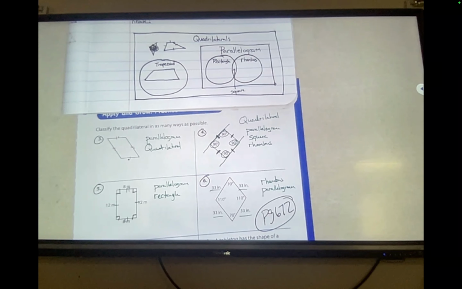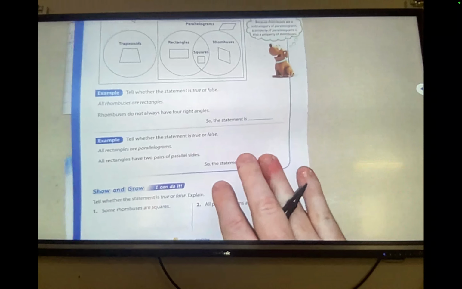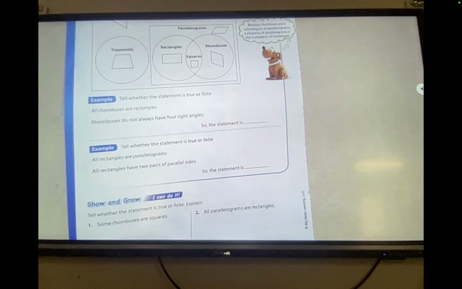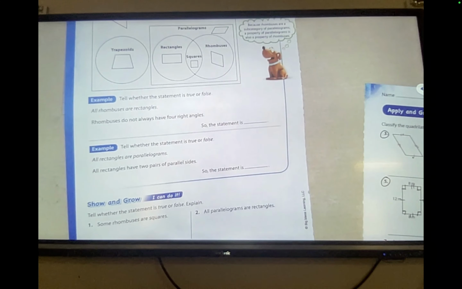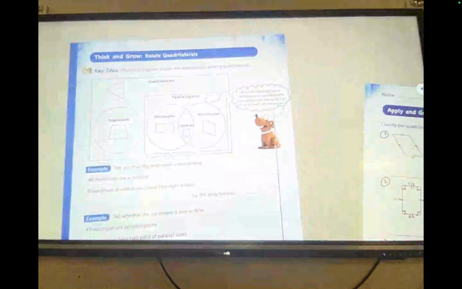Now we're saying, is this a true or false statement? Tell whether the statement is true or false. We're going to use this chart at the top to help us as well.